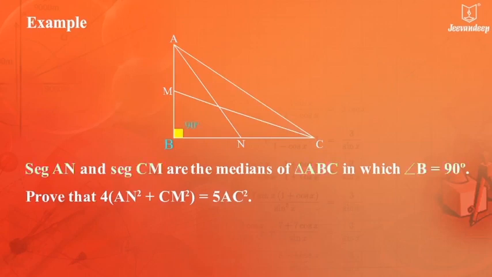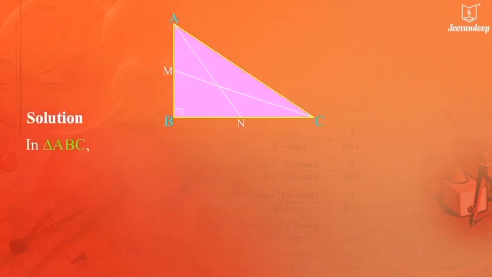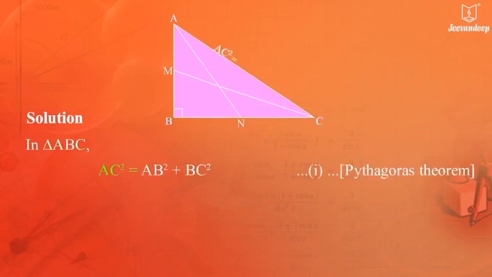Prove that 4 AN square plus CM square equals 5 AC square. In triangle ABC, AC square equals AB square plus BC square. Equation 1, according to Pythagoras Theorem.